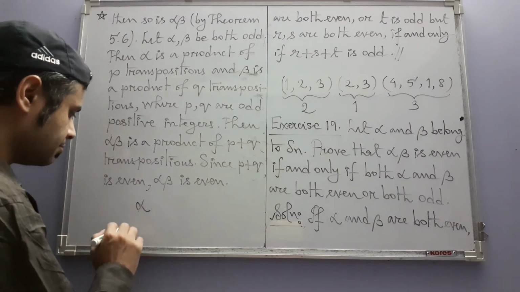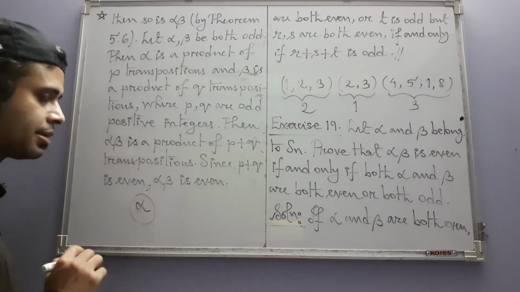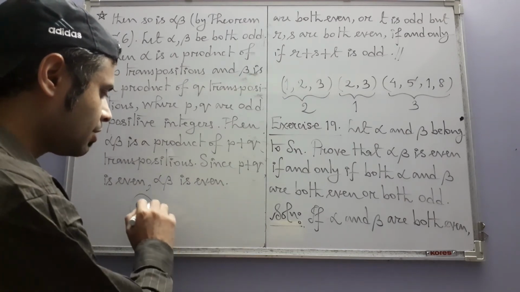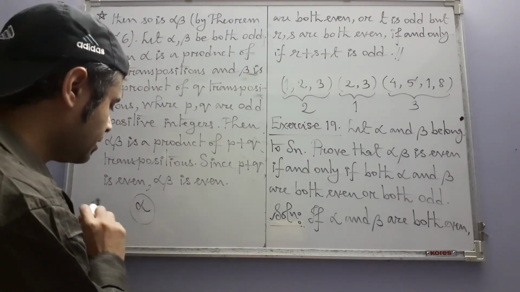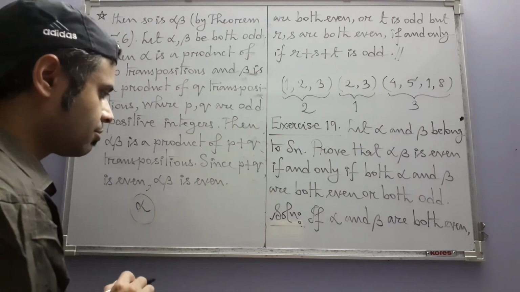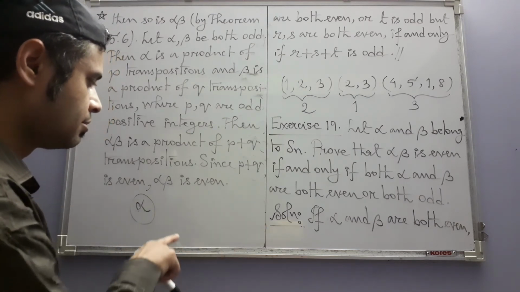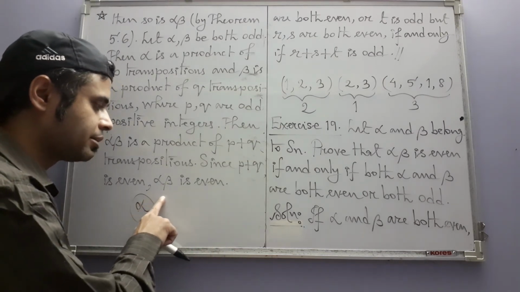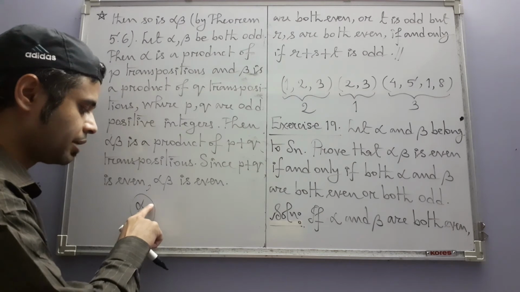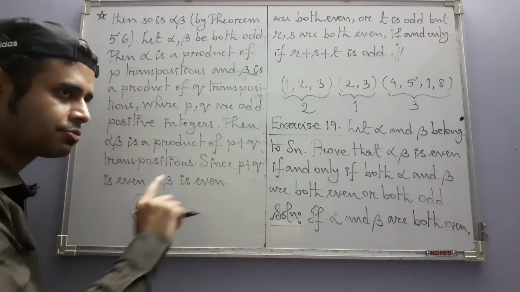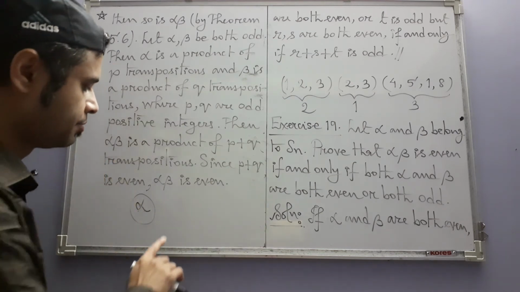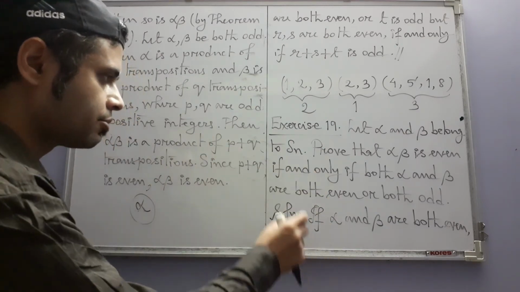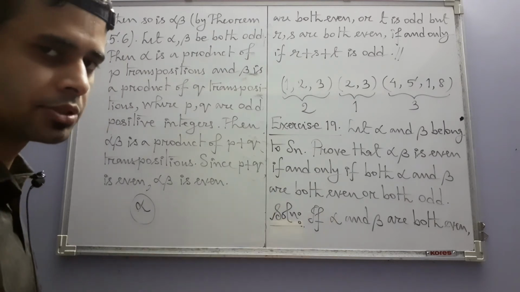At the same time, if alpha is an n cycle, a cycle involving n symbols, then it is even if and only if that n is odd. So when you are applying the definition of evenness by expressing the permutation as a product of transpositions, evenness directly corresponds to the evenness of that number of transpositions.